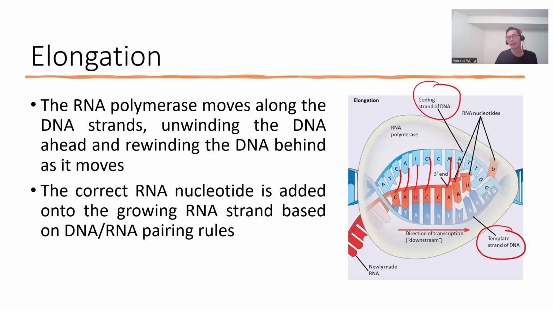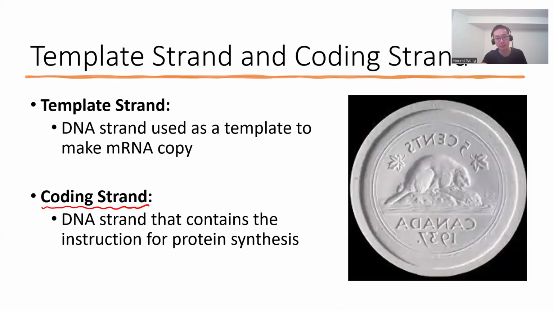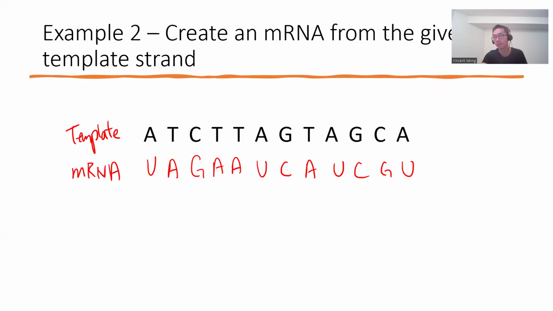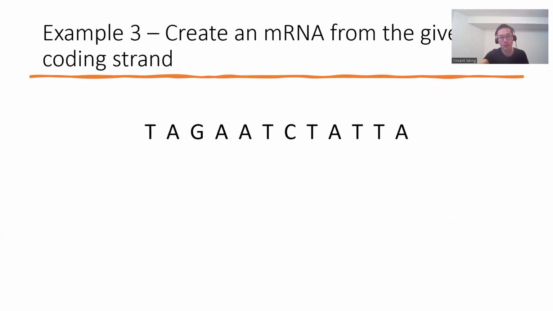We don't know. If I give you two strands of DNA without more information, you wouldn't be able to tell whether it's coding or template. So I will always have to tell you that information in the question. For example, if I just give you this strand, you won't know if it's coding or template.